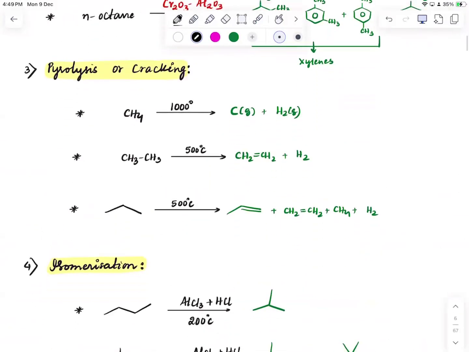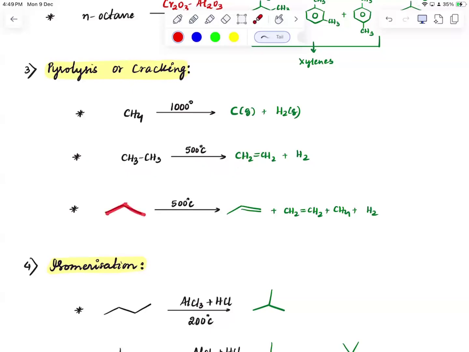Next, pyrolysis. Pyrolysis is a reaction where we are trying to break the molecule into smaller pieces. Got it? If you heat methane at around 1000 degrees, it can convert into black colored carbon, that is powdered carbon or coke, and H2 gas can be released. But if you are heating ethane at around 500 degrees, you can get ethene and H2.